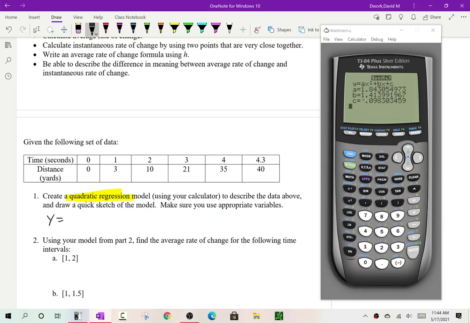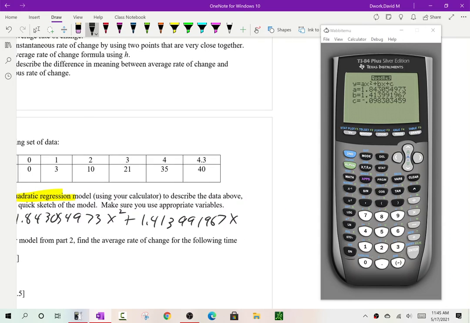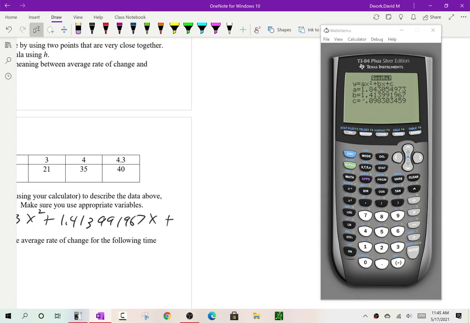We're getting out y equals ax squared plus bx plus c. What does all that mean? Well, notice right below it, the a values are right there. It's 1.843054973 x squared plus, what's our b value? 1.413, whoops, 3991967 times x, because up above it says it's b times x, and then last but not least, it's just plus c following that model.